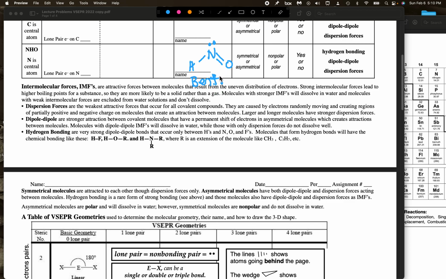So for all sorts of reasons, this is asymmetrical. The atoms are different on both sides. There's a lone pair. So this is asymmetrical. It's polar. It's dipole-dipole. It's dispersion. And it turns out that this is where the hydrogen bonding shows up. There's a hydrogen bond. It has the NH bond.